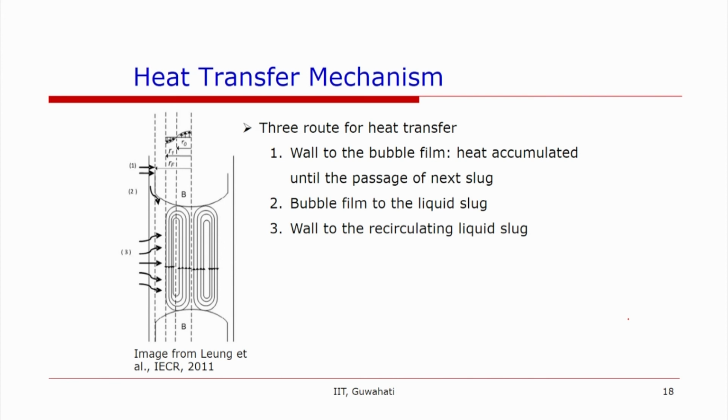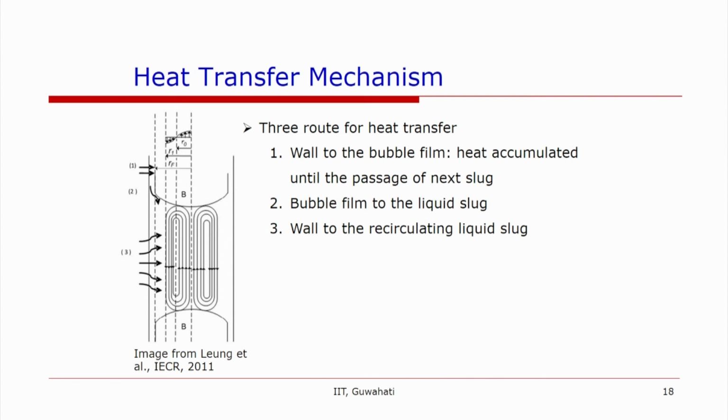So, we have the bubbles and the internal recirculations in the liquid slug, and the heat can find different routes to go from the wall to the liquid, which has the high heat carrying capacity.